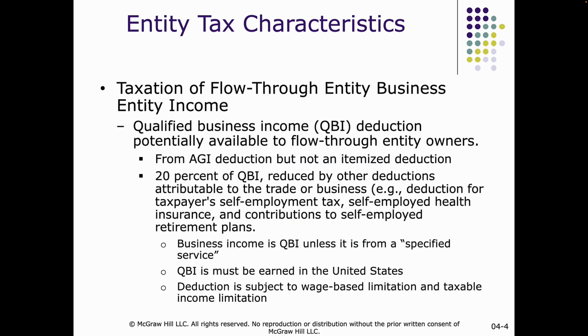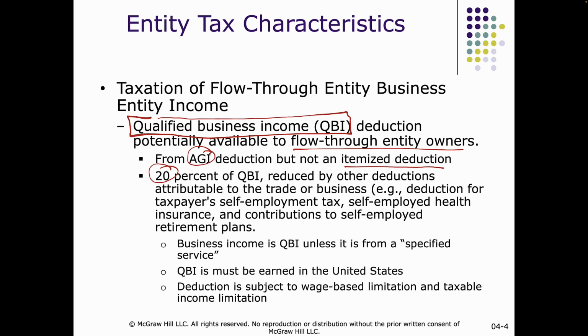So now we're going to turn our attention to qualified business income deductions that are potentially available to these flow-through entity owners. It is an adjusted gross income deduction, but not an itemized deduction. It is 20% of the qualified business income, reduced by other deductions attributable to the trade or business.